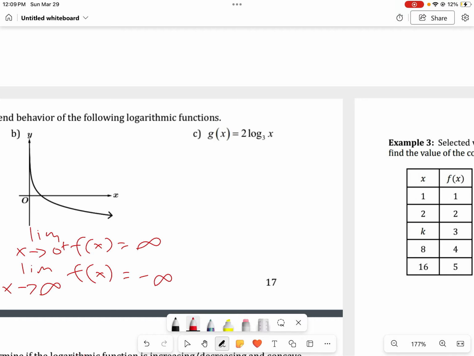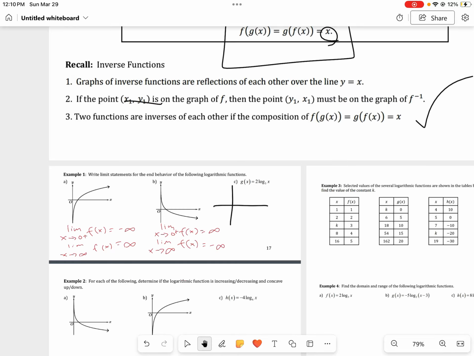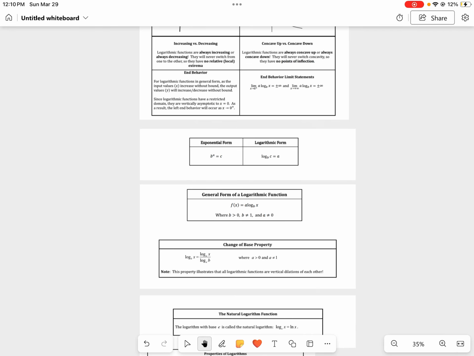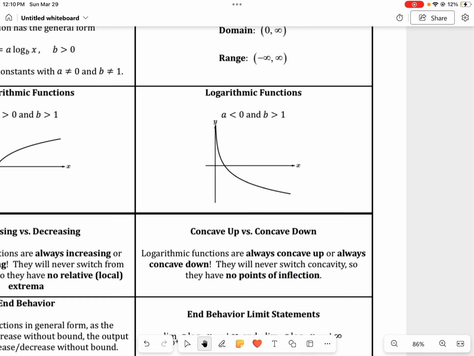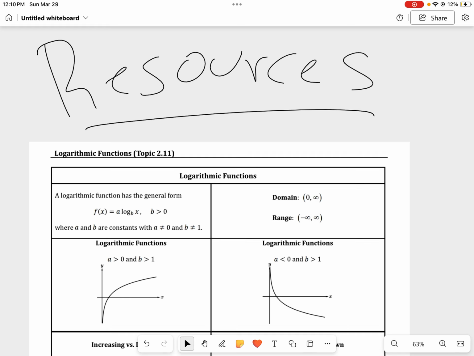So still the end behavior. What you can do for this is you could literally just graph it. It's going to look like this. You can look back at the general forms of a log, like over here, the functions. Right here. So if the a value, which I think is the base, yeah, right here.